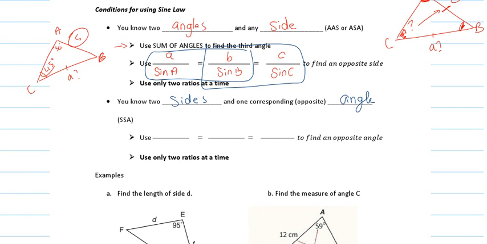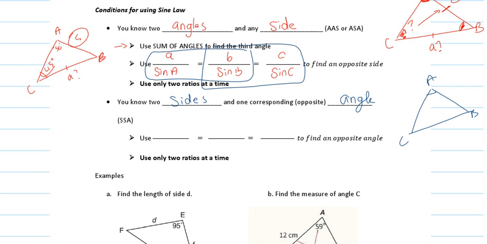So let's say I know angle A and side A, and I know side C, okay? I know 2 sides and an opposite angle. Then I can use sine law. If you don't know the opposite angle to one of the sides that are known, you can't use sine law.